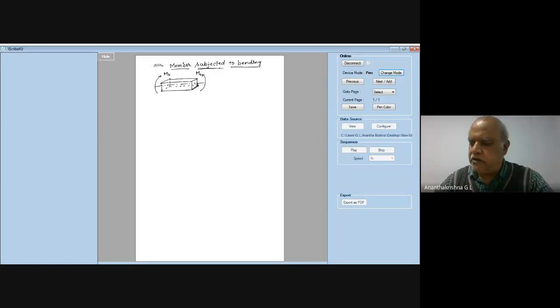Okay. So the effect of bending moment on a member is to bend the member. That's it.